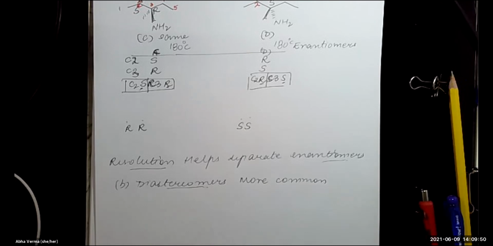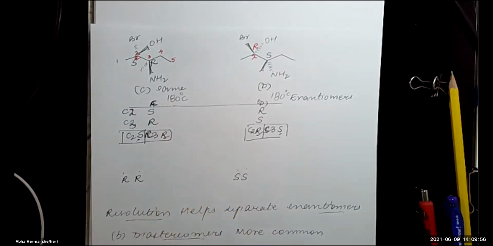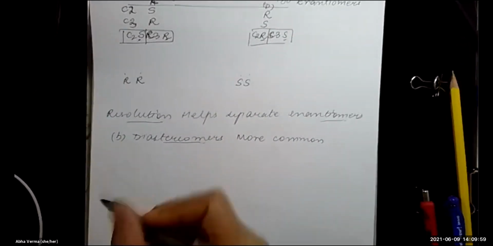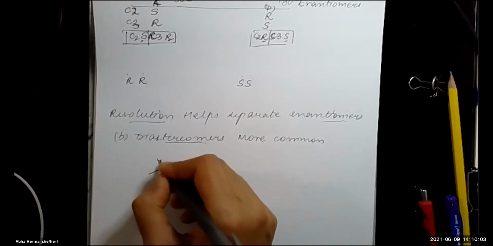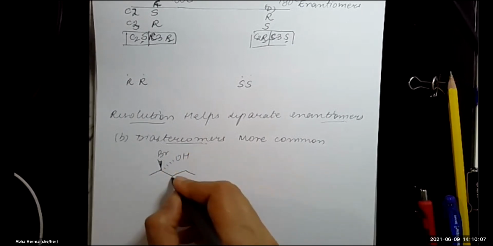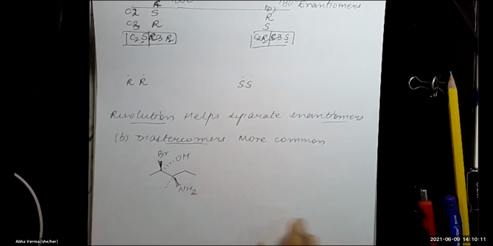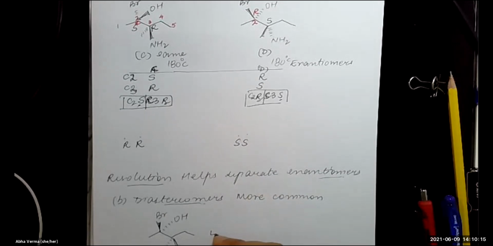So, for example, the structure that we were doing right here, let's compare another structure here, Br, OH, NH2. So if I'm comparing C with E, this is my new structure.